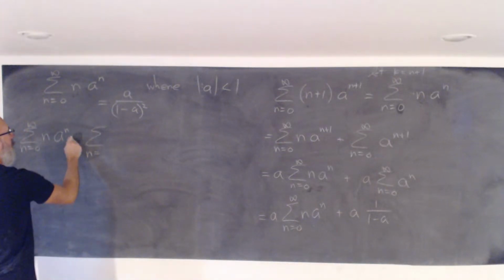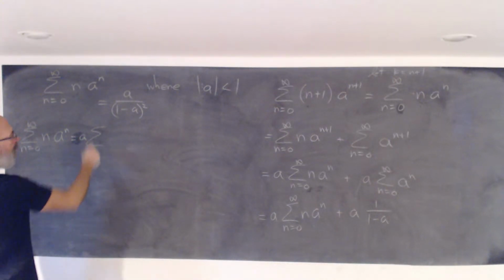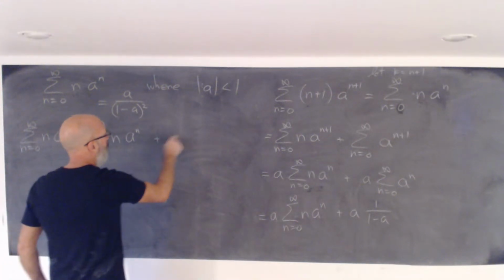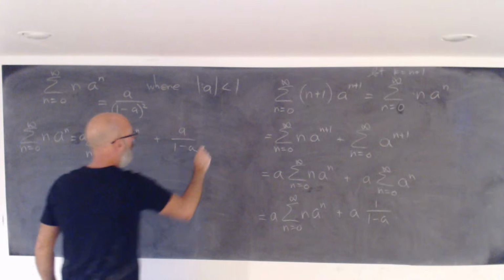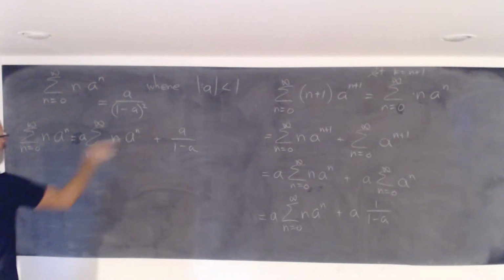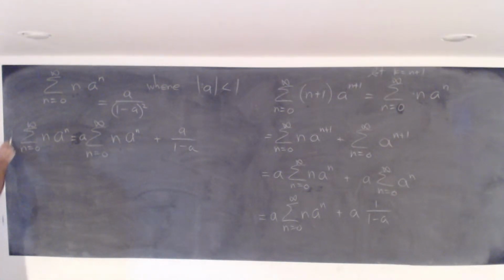So I've got an a here. Bring this to the other side, right? This is the same as that. So here you've got a 1.